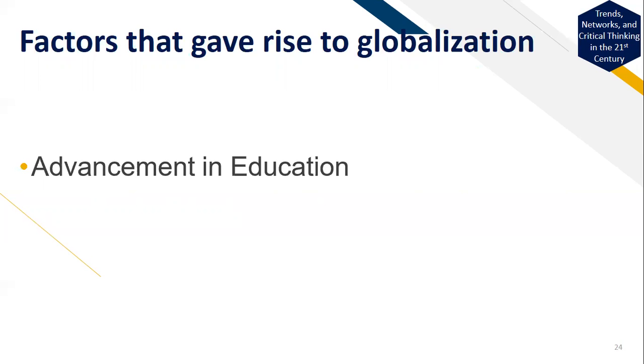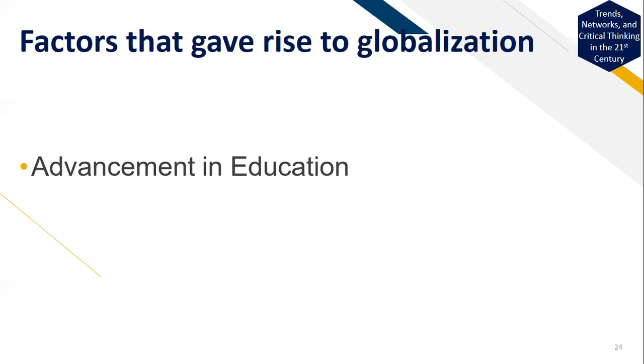Kung noon, ang form of education ay exclusive lang sa mga lalaki, and exclusive lang noon sa mga mayayaman, sa mga elitista. As time goes by, nagbago. Pwede nang mag-aral ang mga babae, pwede nang mag-aral ang mga mahihirap, and nagkaroon na rin ng tinatawag nating education for all, or EFA.